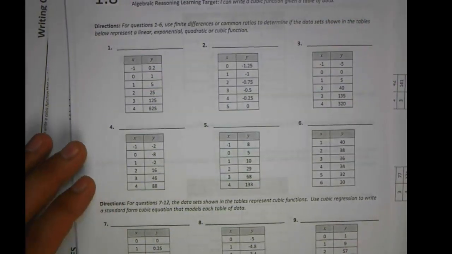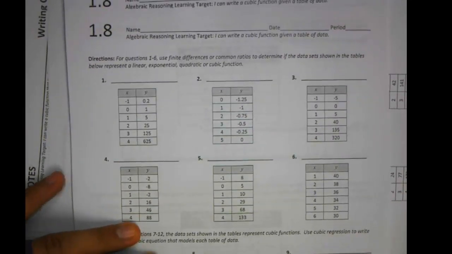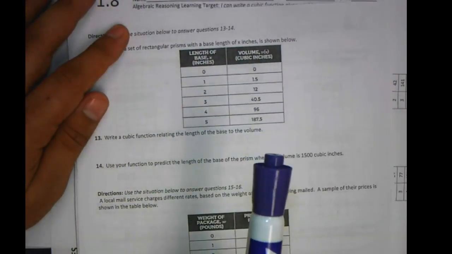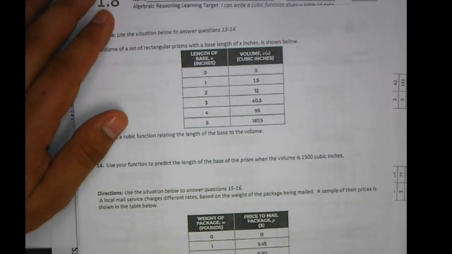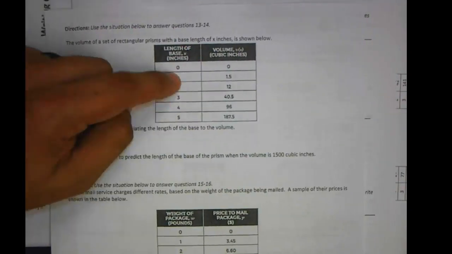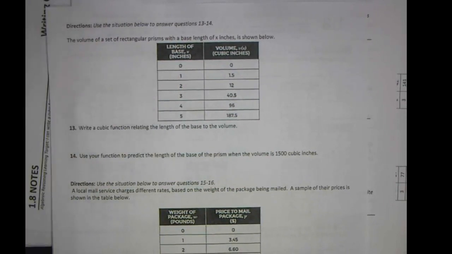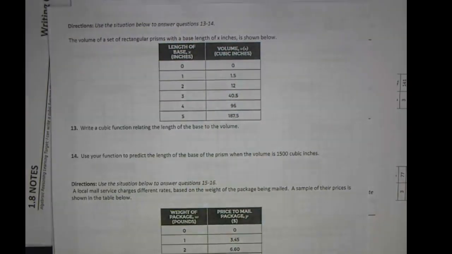And then 7 through 12, it does say to give me the cubic equation using menu 417, like we did on the bottom of the notes. And on the back, take the table, get the equation, and then find the value when you graph it and hit Control-T for table, okay? So, can you turn a table into an equation? Yes. Can you graph that equation and hit Control-T, and then find this value, tell me the other value? All right, let's get started.